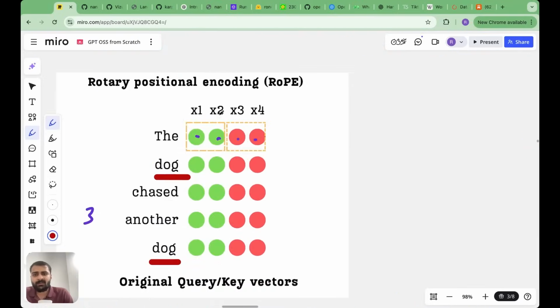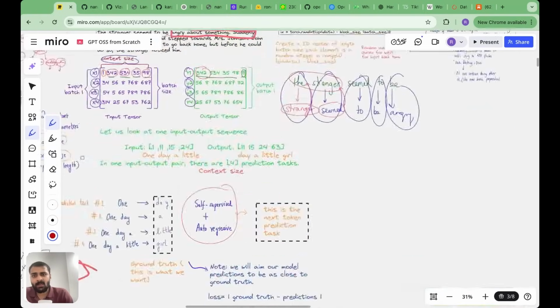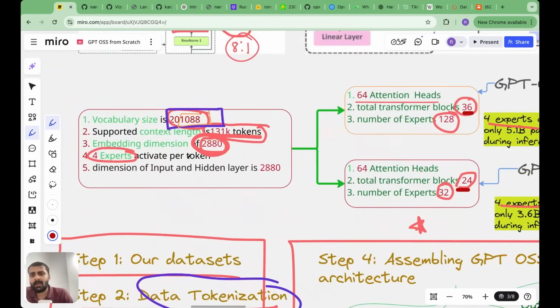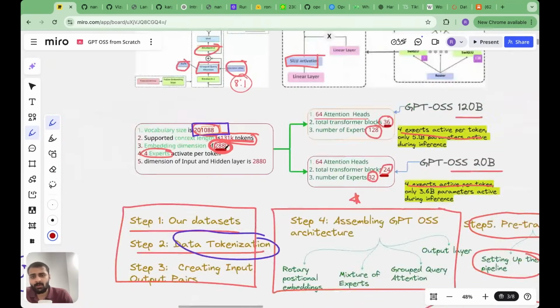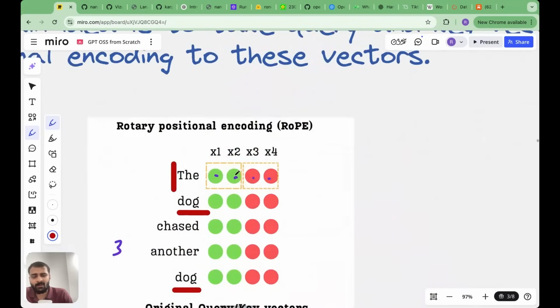So first I look at the first query vector, and it has 4 dimensions for now. Ideally, in GPT OSS, this would have the number of dimensions equal to our embedding dimension, that's 2880. But for the sake of simplicity, here I am looking at a 4 dimensional vector.